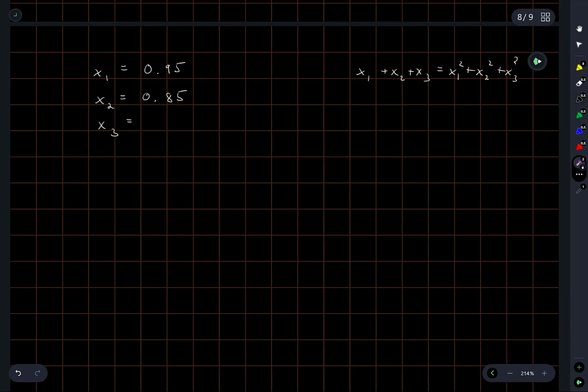If I think of this equation as having x1 and x2 being fixed, then this is a quadratic equation for the variable x3. So there are going to be two values of x3 which make this equation hold. They are approximately 1.15 or negative 0.15.